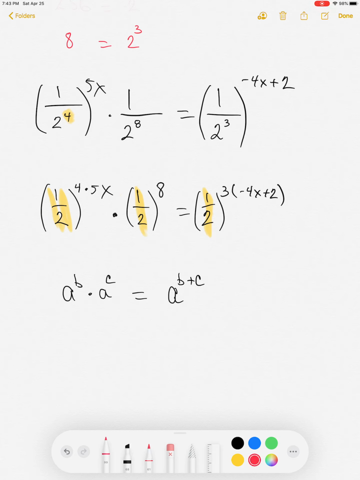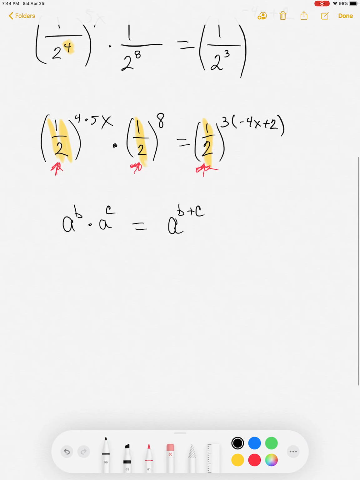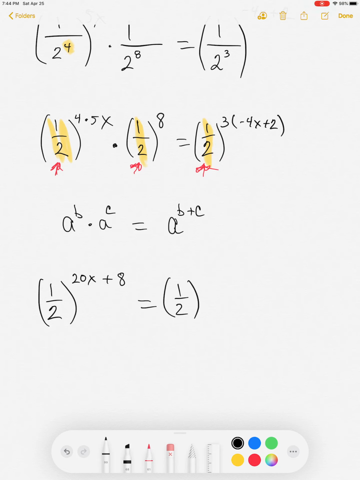And so in this case, this would be like an A, and this would be like an A, and this is like an A. So what I'm going to do then is say that this is 1/2 raised to the 4 times 5 makes 20x plus 8. And that's equal to 1/2 raised to the, and then I'm going to distribute this 3 to everything. And when I do that, I get minus 12x plus 2 times 3 makes 6.